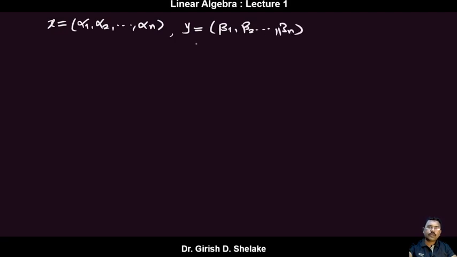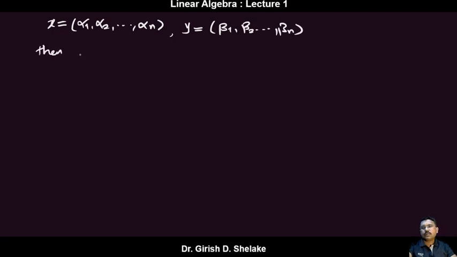We know that if we have a system of linear equations with n unknowns, then one of the solutions of the system may be something like x equal to alpha 1, alpha 2, and so on, alpha n, and suppose another one is y equal to beta 1, beta 2, and so on, beta n.